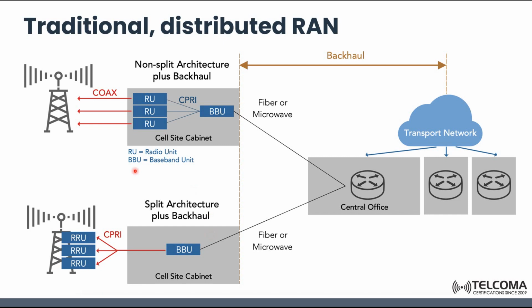This split architecture model reduces the losses occurring through coaxial cable, jumpers, connectors and all those, and improves the downlink coverage as well as the uplink, making both stronger. This is very popular these days, where we split the architecture, with the baseband at the cell site and the remote radio unit on top, near the antenna location. So we need only a small jumper from the RRU to the antenna.